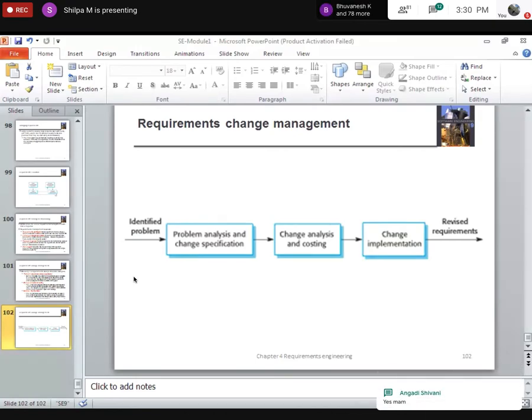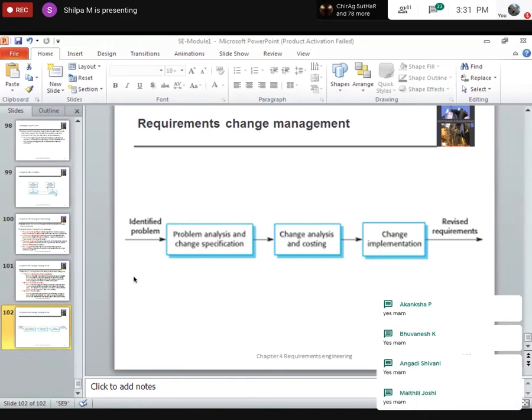Now, compared to previous classes, first week or second week, did you get what the software engineering subject is? Or did you get what requirements engineering is? Am I clear with that? If not fully, at least a little bit, did you get it? At least 70% of what is in this topic, what is in this module? I hope that at least you understood. Fine? Okay.